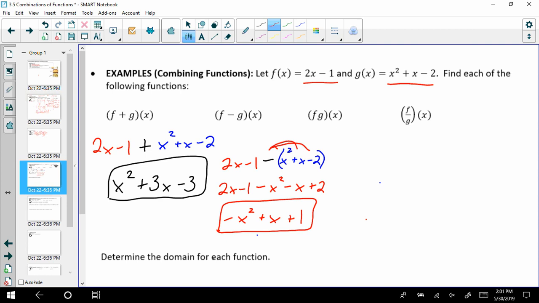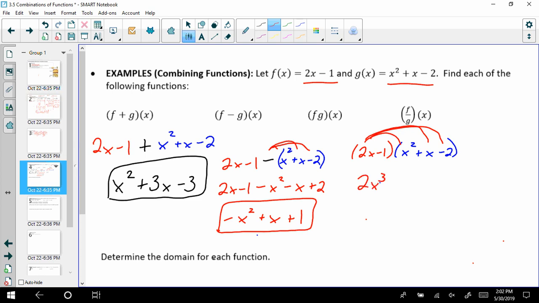The next one wants me to multiply them. So I'm going to take f times g. So to multiply these, I'm going to have to manually distribute. So I'm going to take my 2x and multiply it through. 2x times x squared, I would get 2x cubed.